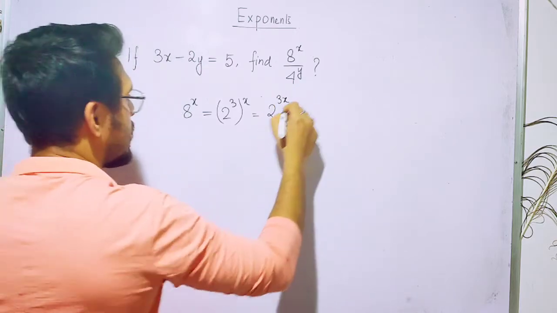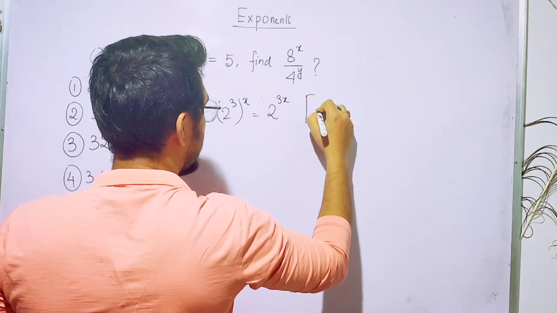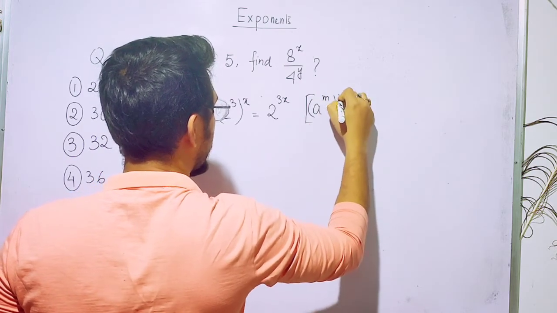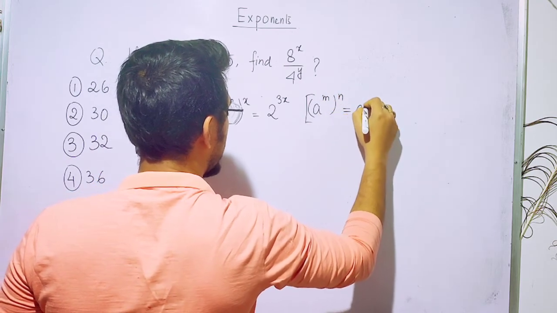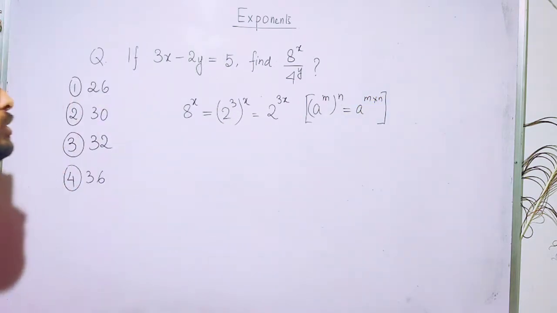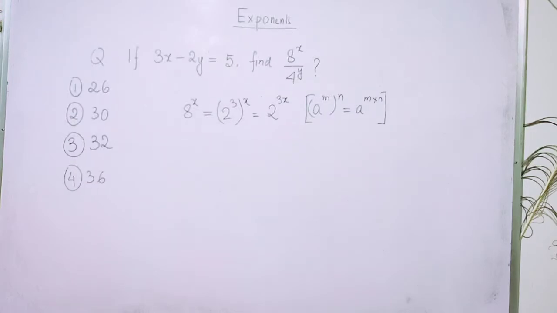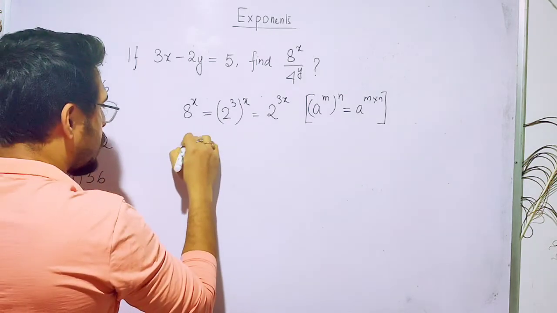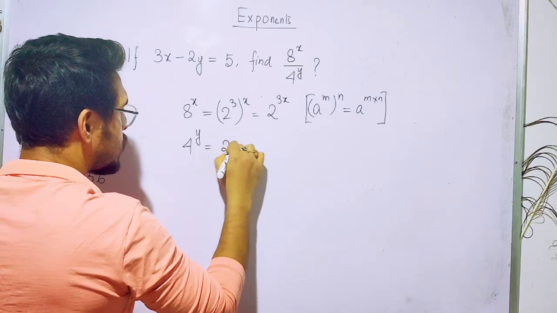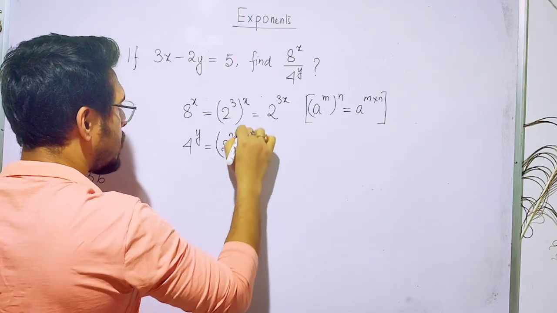Now how? Recall the rules of exponent. A to the power of m whole to the power of n, that is a to the power of m multiplied by n, isn't it? So that is how you do it. Next, 4 to the power of y. We can write it as 2 squared to the power of y.